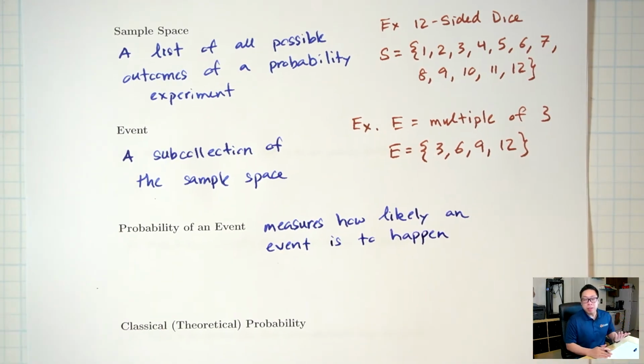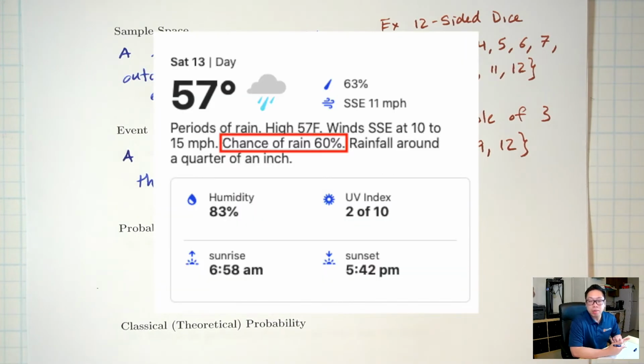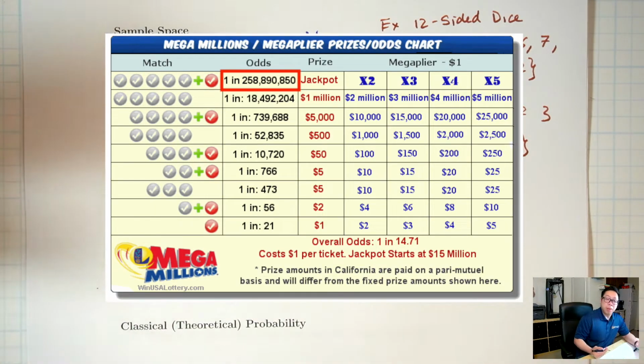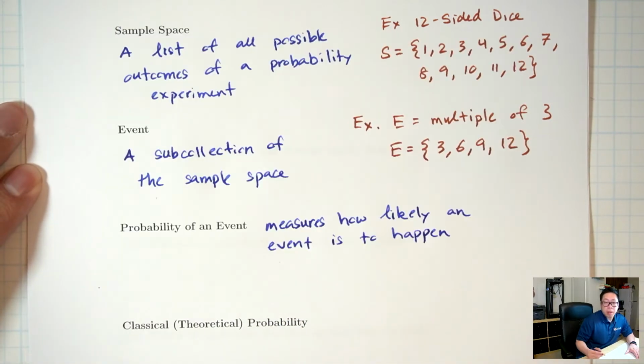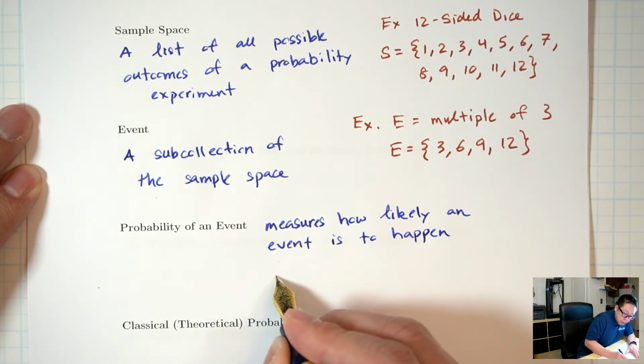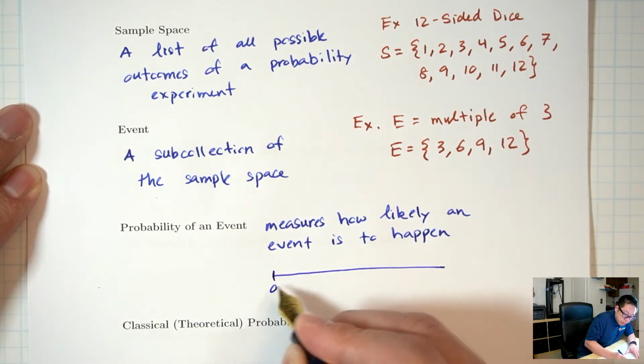So on the news, you may hear there's a 60% chance of rain on Saturday. Or you may hear your chance of winning the lottery is 1 out of 300 million. Okay, so those are probabilities. They can be percents, they can be fractions, they can be decimals. But they're numbers that are between 0 and 1.